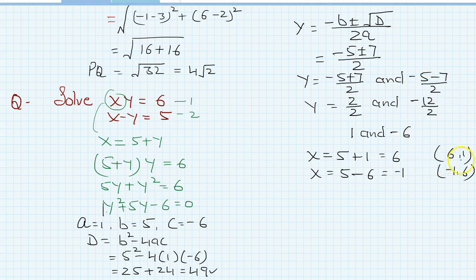Now to confirm it, x multiply y is 6. 6 multiply 1 is 6, minus 1 multiply minus 6 is 6. So that's how you solve by the method of substitution.